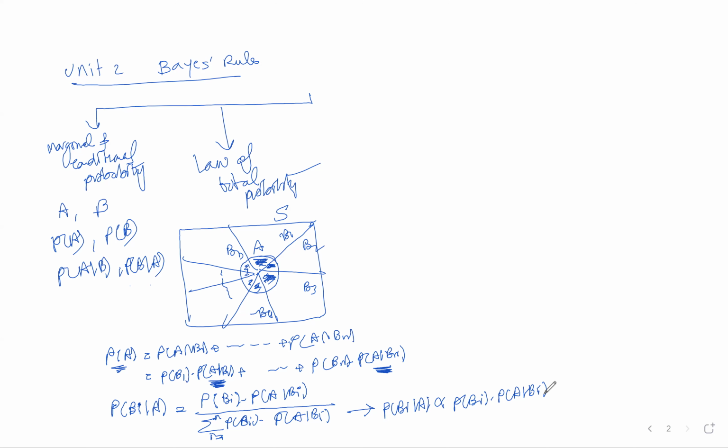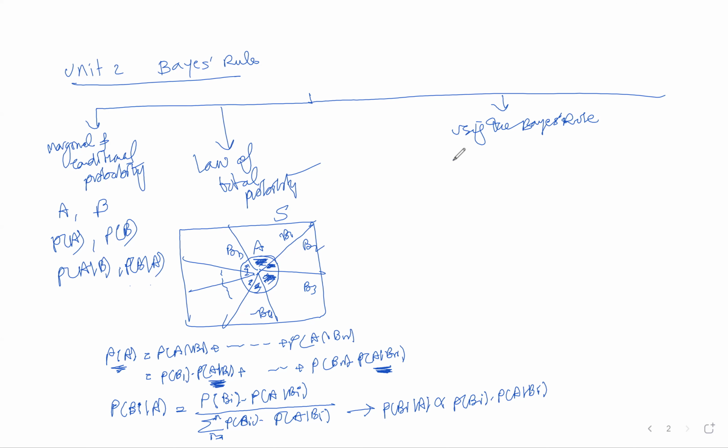And we use this rule in unit 2 in two cases. The first case is for events, the second case for random variables. So using the Bayes rule, we use this in two cases, where B is theta and A is the data.